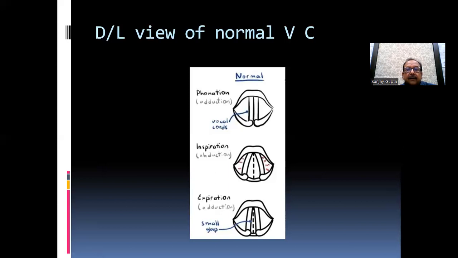Now during inspiration, there is full abduction and you can see the vocal cords are fully abducted on both sides and the laryngeal inlet is wide open. During expiration, a small gap is left.